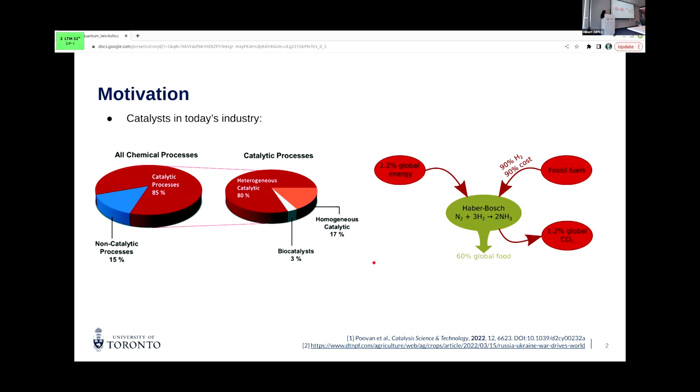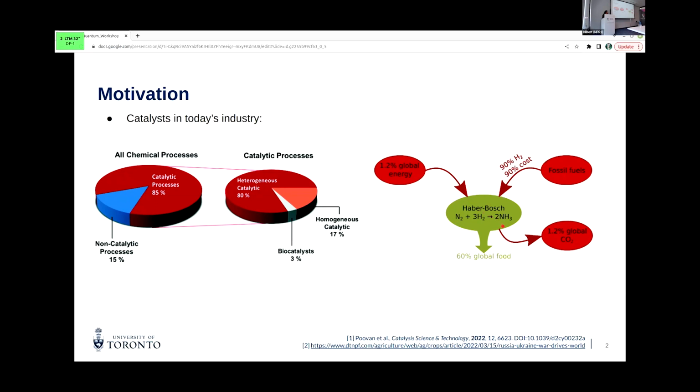And in today's industry, 85% of all chemical processes use catalysts. Their domain ranges from pharmaceuticals, oil refining, plastics manufacturing, and food production. One very good example here on the right is Haber-Bosch, which is for the production of ammonia.